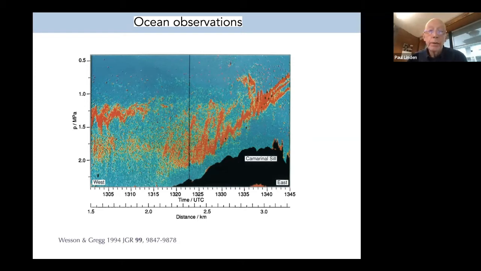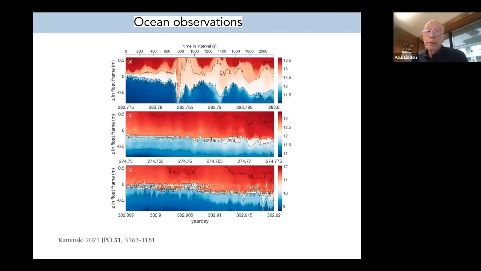And I'll just show you one other example. This is an example taken in the Pacific. It's a recent publication, and these are temperature measurements taken over 36 minutes. You can see the time interval at the top. These are three separate intervals.